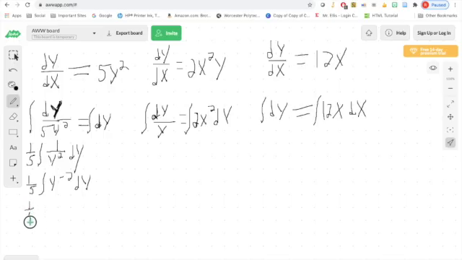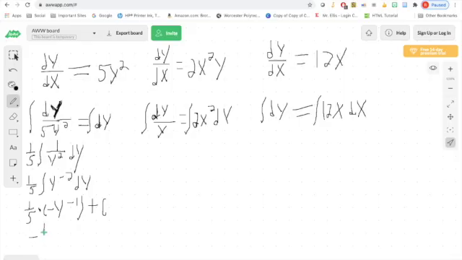So 1/5 times -y to the -1 plus c. Now -y to the -1 becomes -1 over y, times 1/5 becomes -1 over 5y plus c.